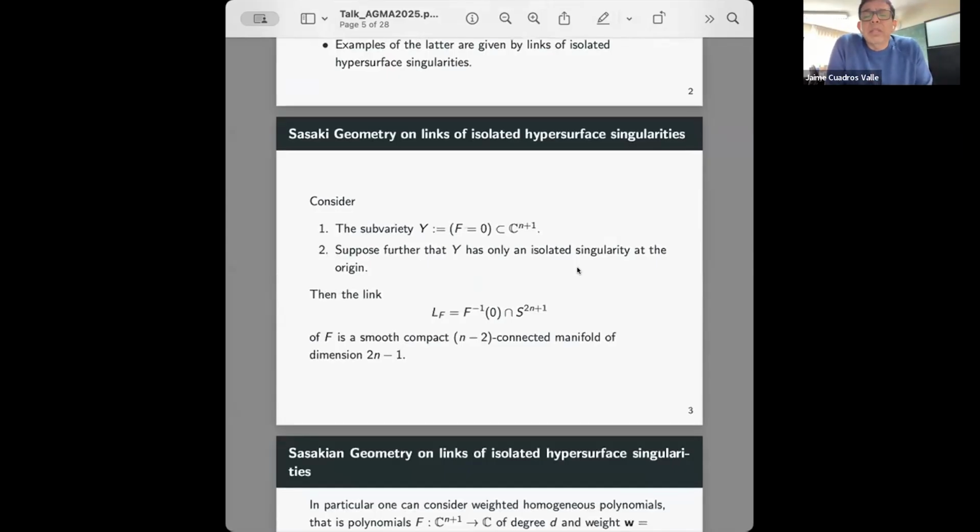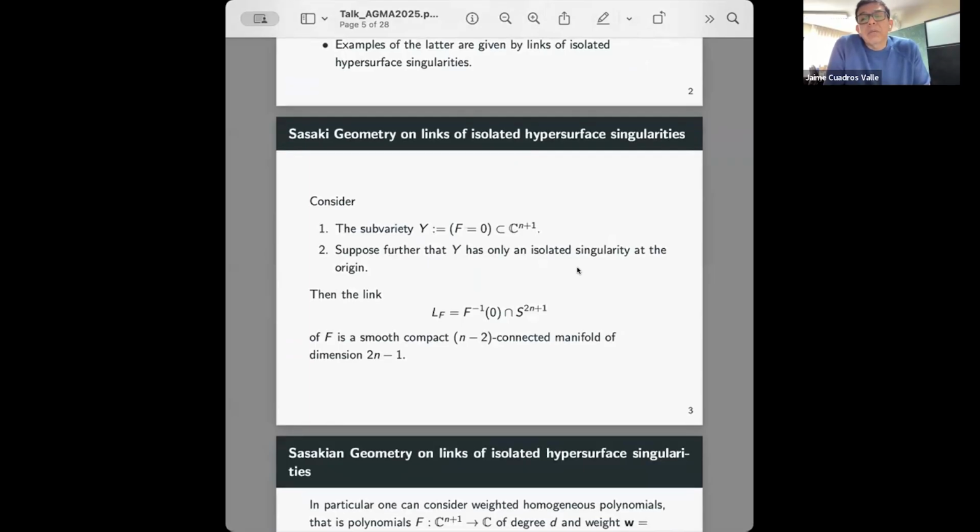We will be a little bit more specific here. We will be working with a set of zeros of certain polynomials in general. We would like this polynomial to have an isolated singularity only at the origin. And then we will define the intersection as Milnor did in the 60s.